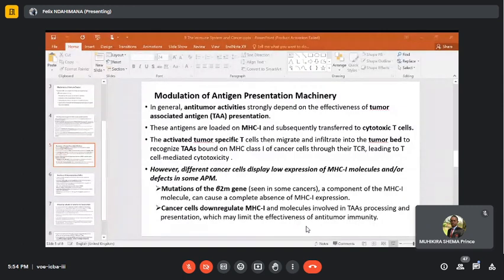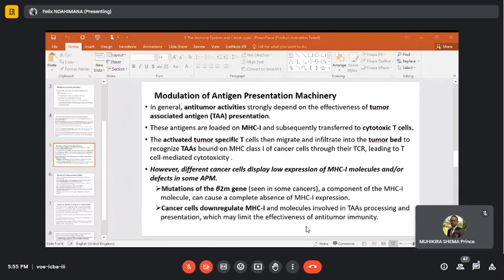So the activated tumor-specific T cells then migrate and infiltrate into the tumor bed to recognize the tumor-associated antigen bound on major histocompatibility complex class 1 of the cancer cell through their T cell receptor, leading to T cell mediated cytotoxicity. I think you still remember this from the very first presentation.